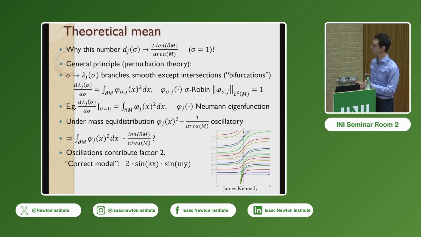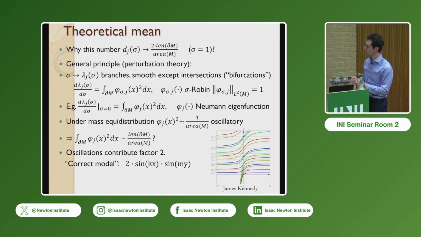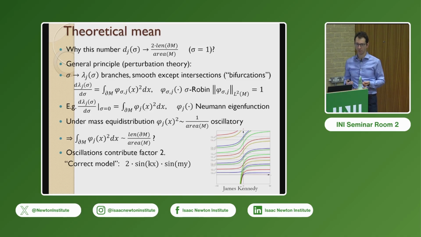Then on the boundary, this function phi_j(x) squared is supposed to approximate 1 over the area. Why? Because the total L2 mass of that function is 1.